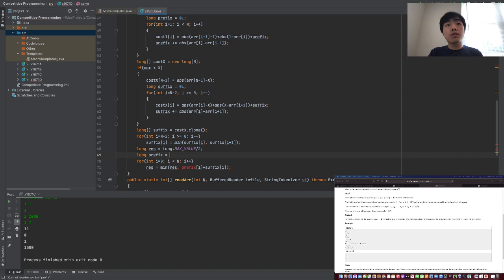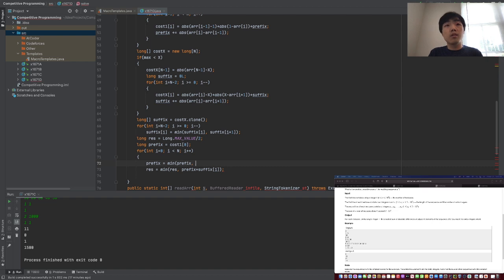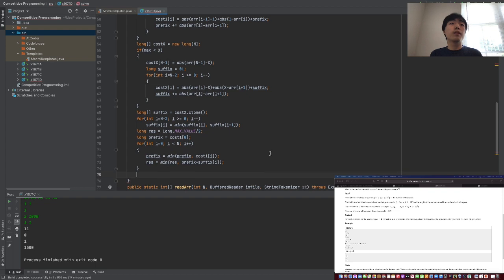So long prefix is equal to cost of 1 at 0. And then prefix is equal to the min of prefix, and then array at, no, cost of 1 at I. Yeah, there we go.